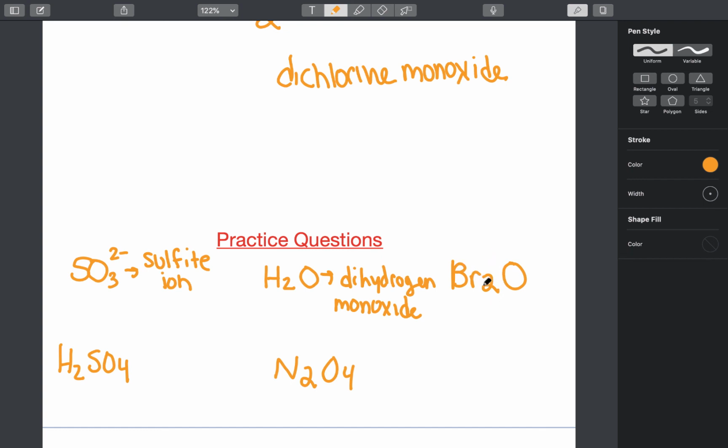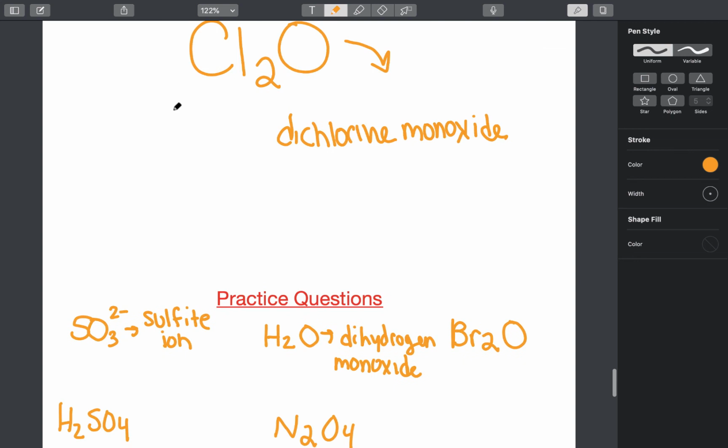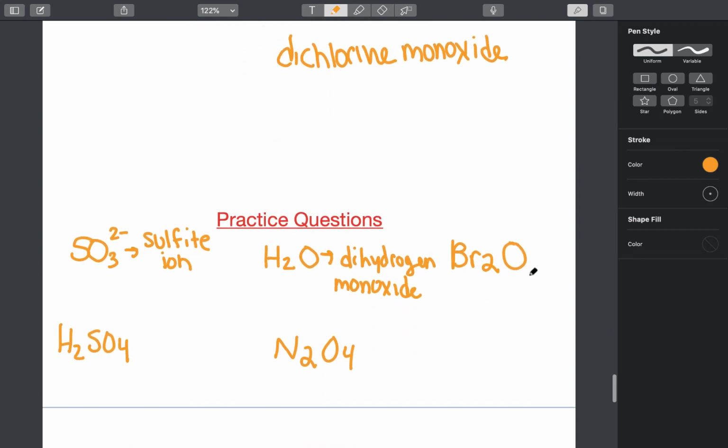Now you have to be careful with this one because this is one of those exceptions. So in this case, you would have to write the bromines first. So you would have to say dibromine monoxide.